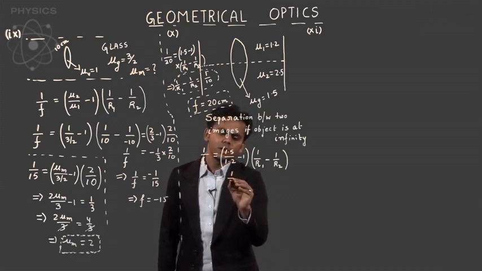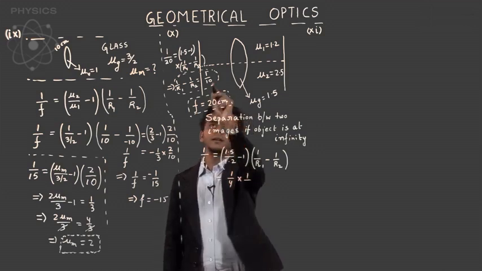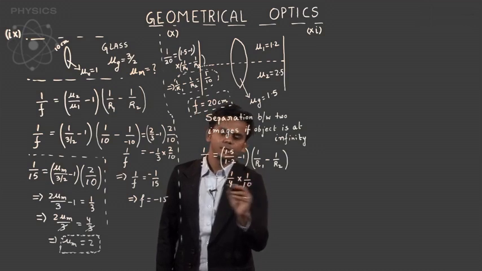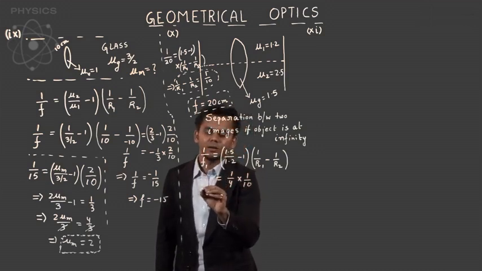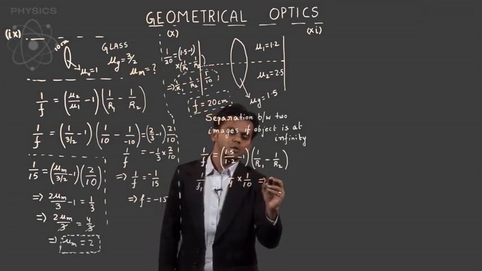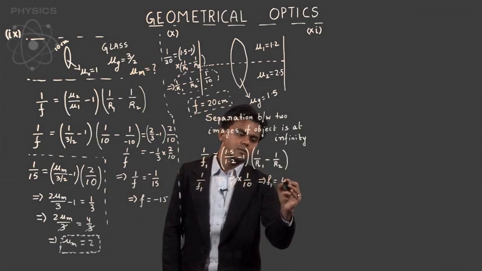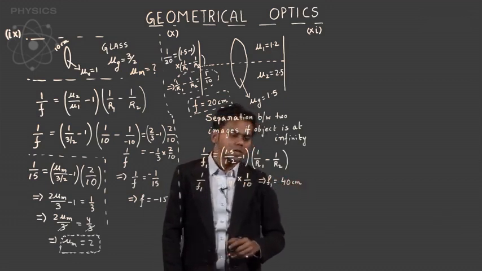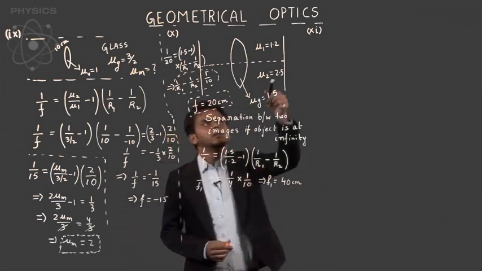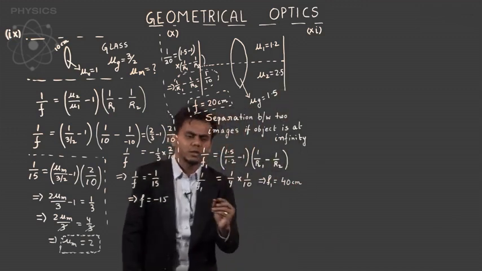So this is 1 by 4 into 1 by 10 from here. This is your 1 by f1. This gives you f1 as, invert this, 40 centimeters.